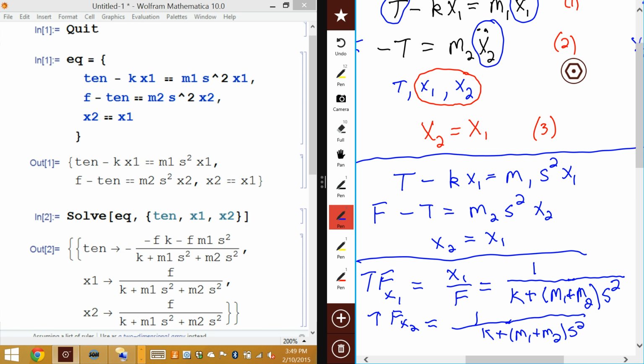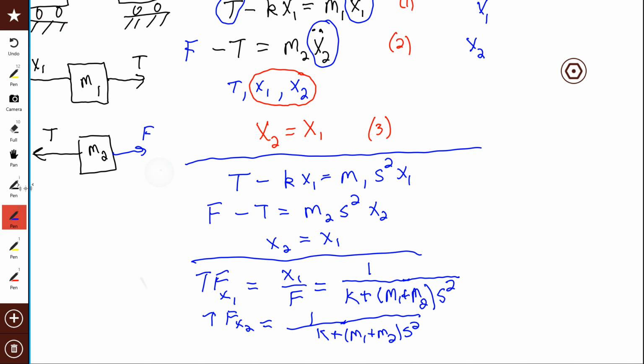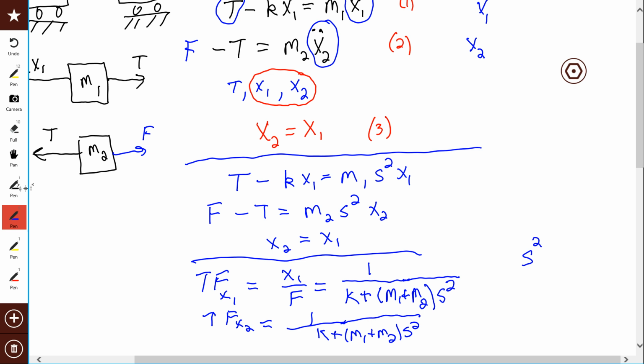If you're looking for the natural frequency, you take the denominator and set it equal to 0 and solve for s.